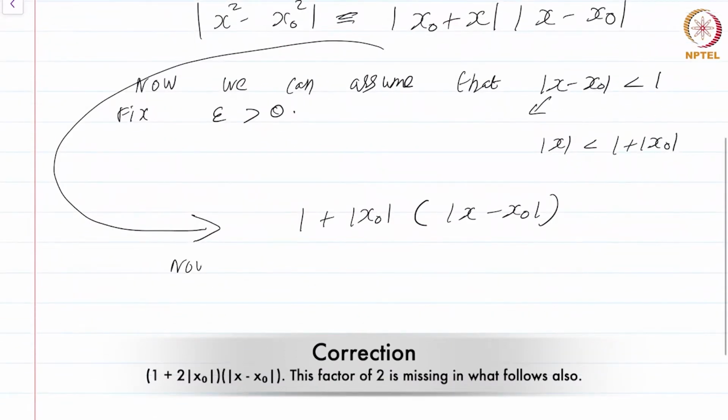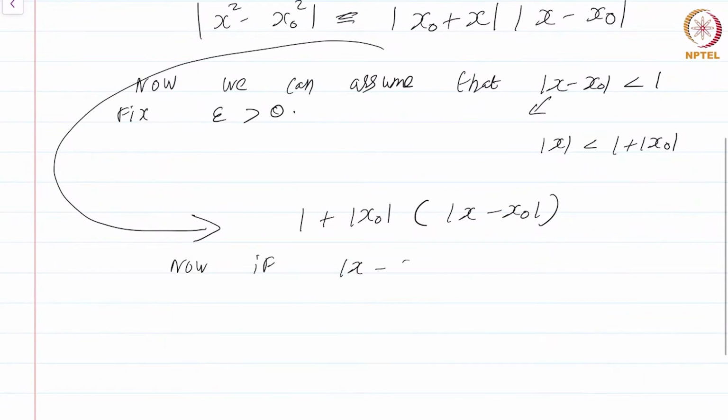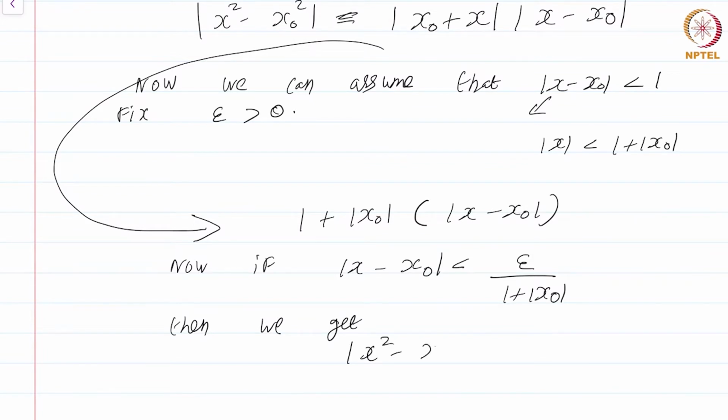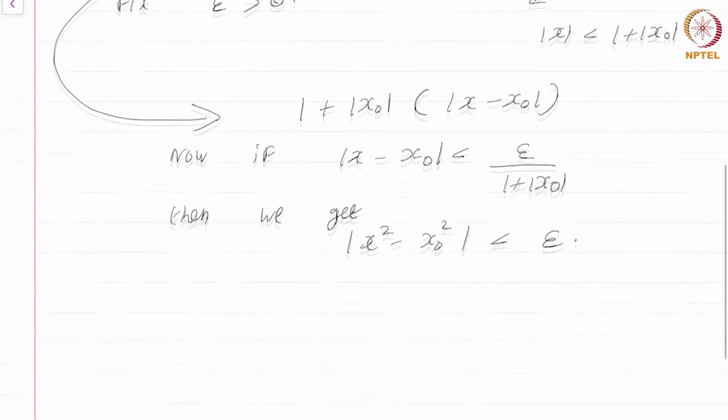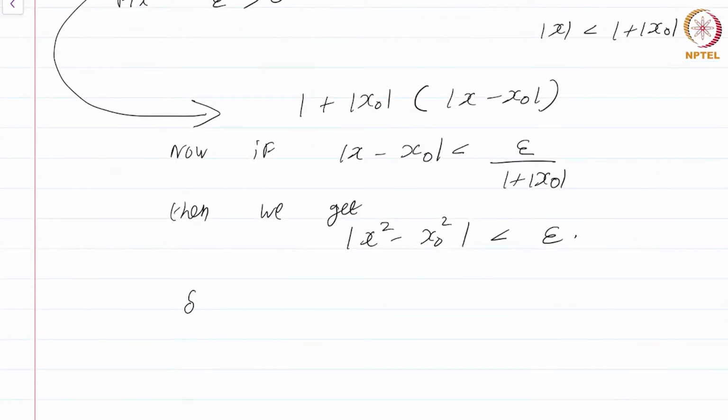Now, if |x minus x naught| is less than epsilon by (1 plus |x naught|), then we get |x squared minus x naught squared| is less than epsilon, right? So our choice of delta corresponding to epsilon is the minimum of 1 and epsilon by (1 plus |x naught|), right? We have found a delta in terms of epsilon.